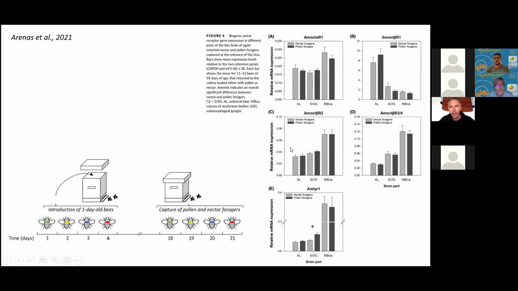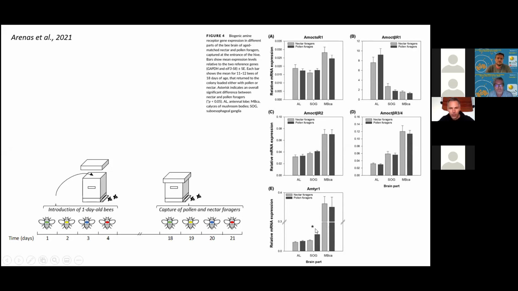And then we measured gene expression again, and we found that the differences detected in foragers arriving at the food sources were not present in bees returning or arriving to the hive. And the differences we found in this condition with bees returning to the hive were in thiamine receptor 1.